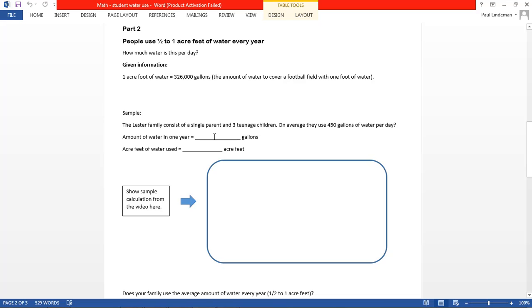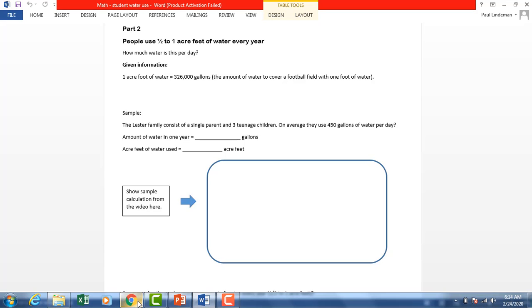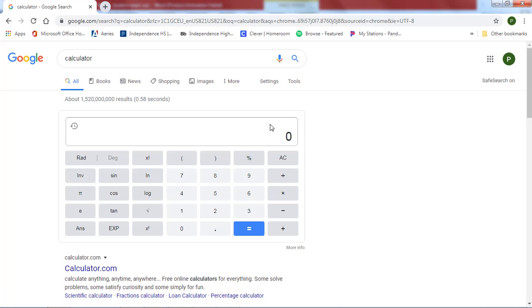So if we use this example, let's say that your number is 450 gallons per day. So you would go to a calculator and you would type in 450 or whatever your number is. It might be less than 450, it might be more, and then you're going to multiply that by the number of days in a year, times 365.